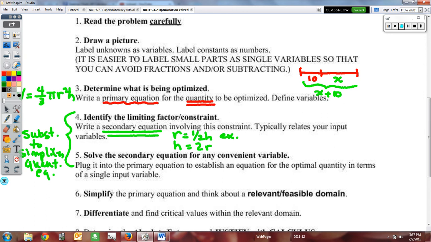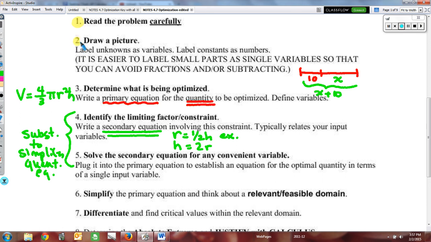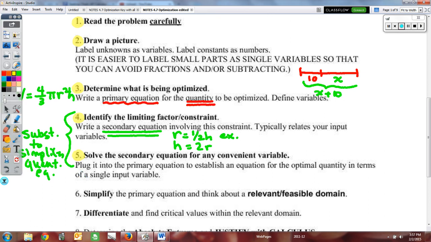Now, in looking at this, the steps that we've outlined so far are: read the problem, draw the picture, determine what's being optimized, identify your constraint that you're going to use, solve the secondary equation for a convenient variable, and then substitute it and simplify.